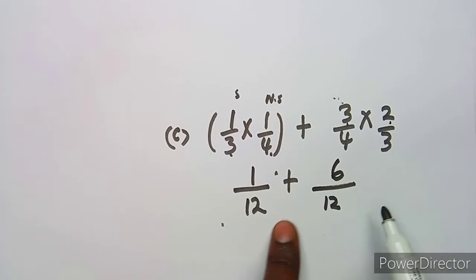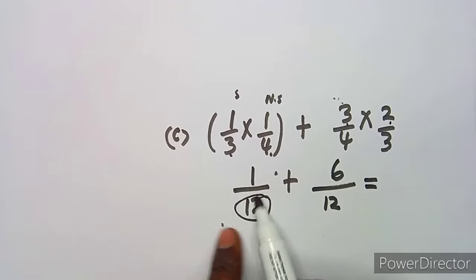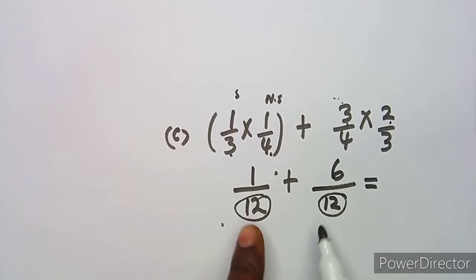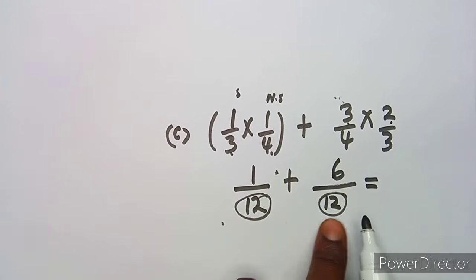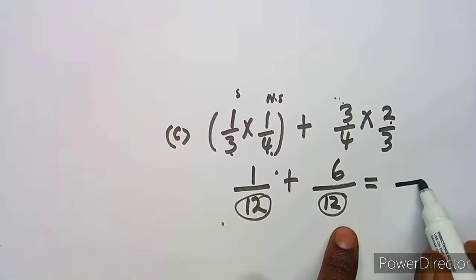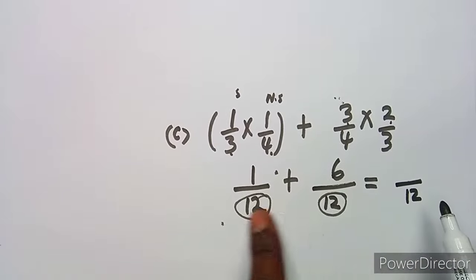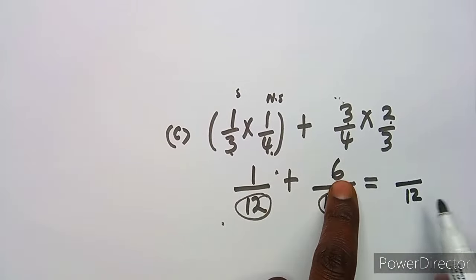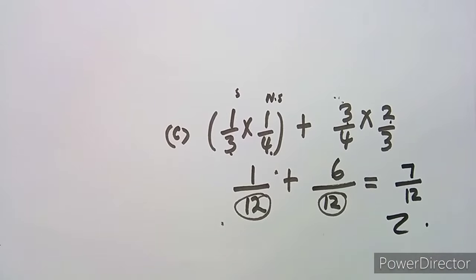Now you can add properly because the denominators are the same. Don't reduce these numbers because you want to add. If you reduce now, you're going to have to find the LCM. No, just leave it over 12. Your LCM is already there. When the denominators are the same, you just add 1 plus 6, which is 7. So you're going to have 7/12. And this one can't be reduced, so you just leave it like that.